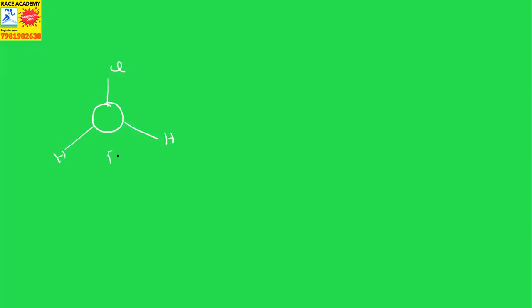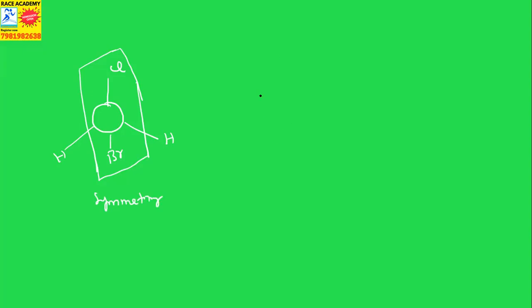Here we're going to see one thing: if you draw a plane like this, here this is symmetry, this is symmetry.